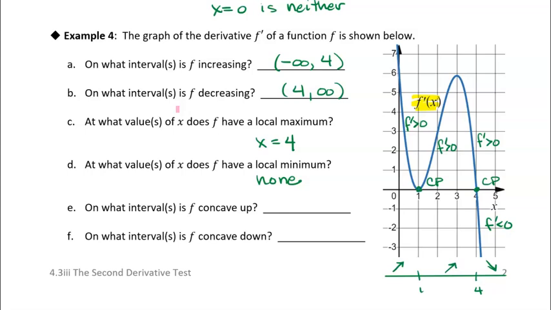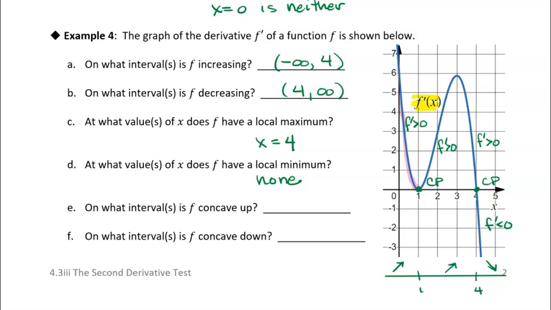You can see that f prime is decreasing, so the slope of the derivative is negative, which means that the second derivative is negative for this portion of the curve, because the slope of the derivative is the second derivative.